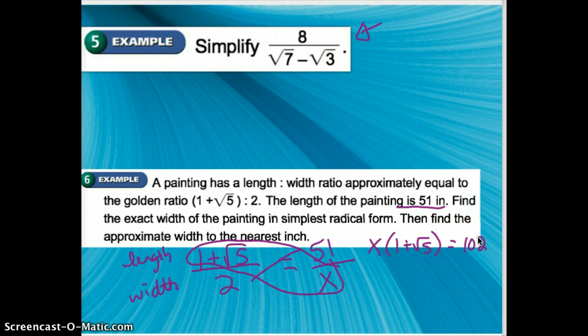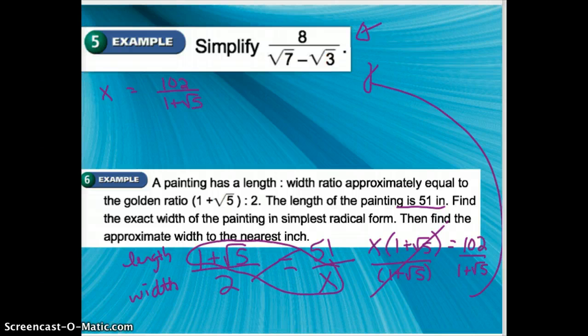Okay, to get x alone here, since it's being multiplied by 1 plus root 5, I could divide by 1 plus root 5 to both sides. Okay, that's gone. And I'm going to go above. So I'm going to have x equals 102 over 1 plus root 5. Okay, that's a great answer.